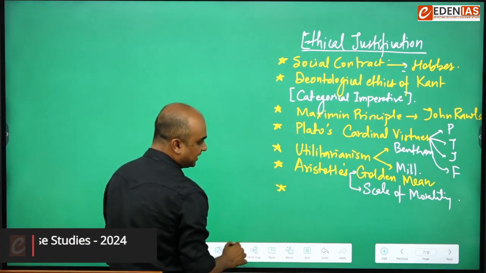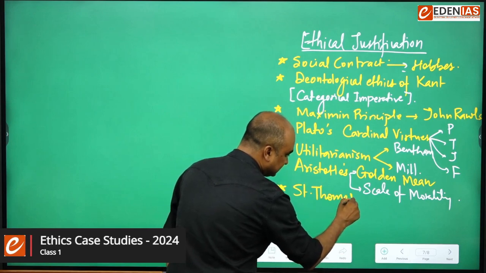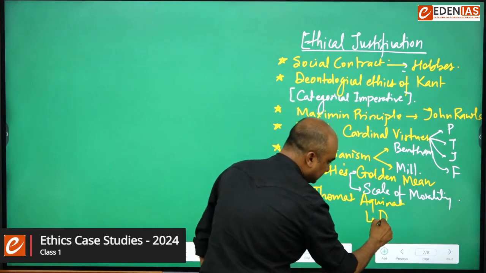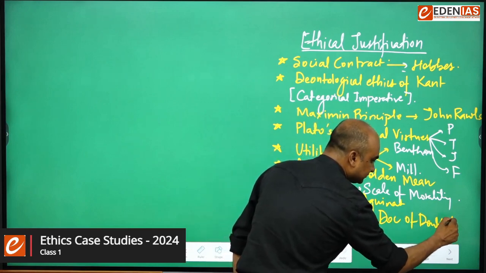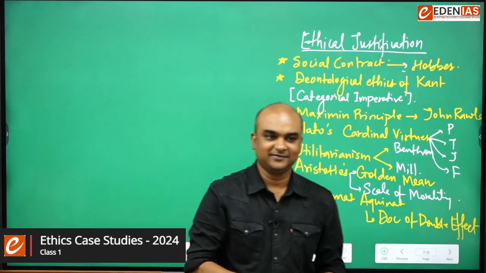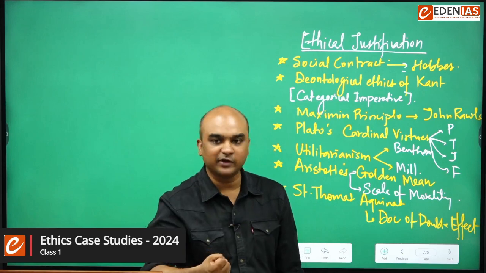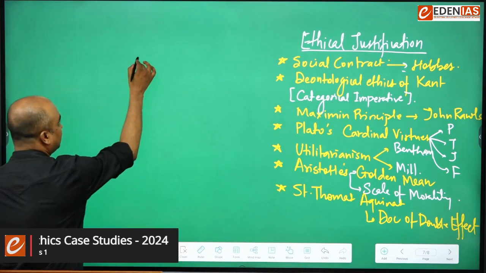Also, think of Saint Thomas Aquinas' doctrine of double effect. You will make private gain, but at what cost? At the cost of corruption. Do you understand that? So the good is flowing from the bad. So you cannot do that as well.